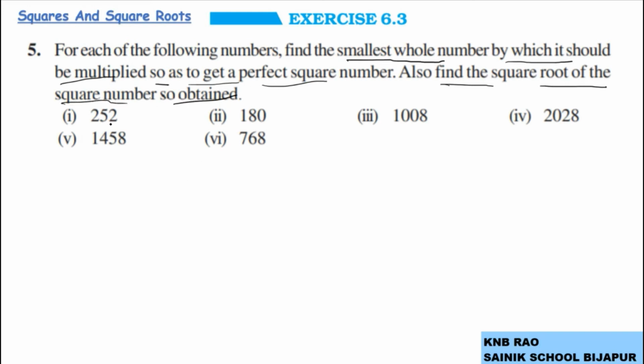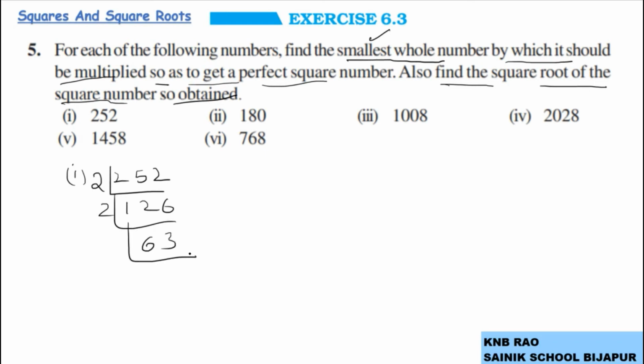Now, first of all, it is ending with 2, therefore it is not a perfect square. So, to find the smallest whole number to be multiplied, we have to do the prime factorization. So 2 1s are 2, 2 2s are 2, 2 6s are 2, 63s are 3, 21s are 3, 7s are 7.